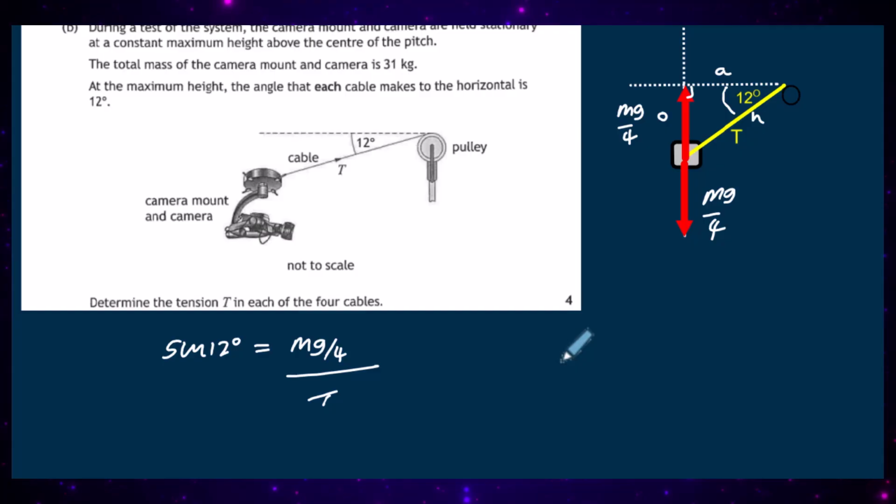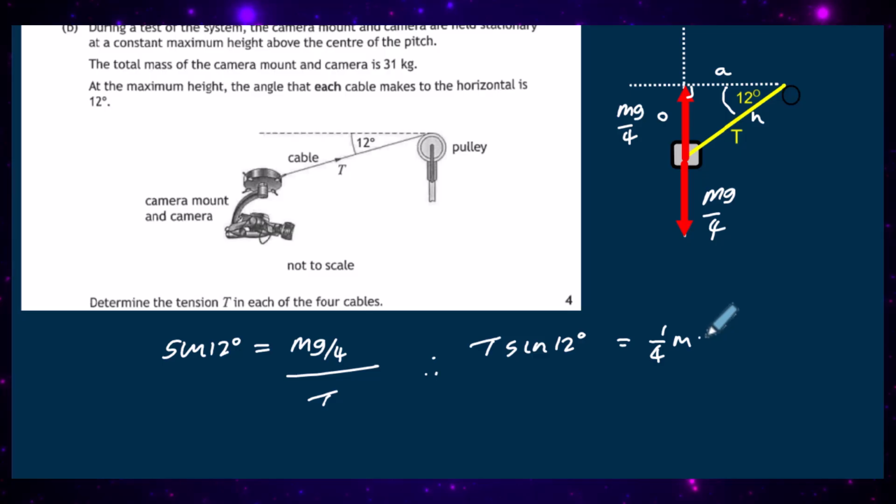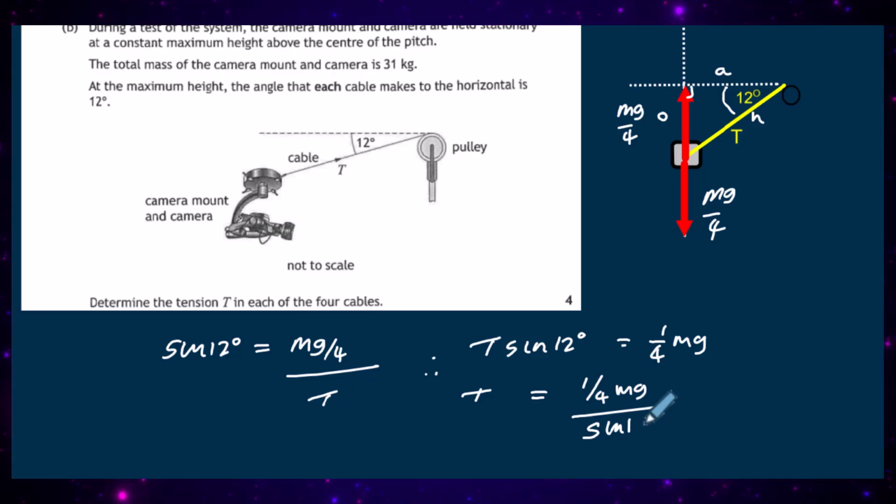A wee bit of rearranging to do here, and therefore we have T multiplied by sine 12 degrees should equal a quarter of the weight, and we'll put that down as 1/4 mg. And therefore, to find the tension in one of the cables, the tension T is going to be 1/4 of the weight of the camera and the camera mount divided by sine of 12 degrees.